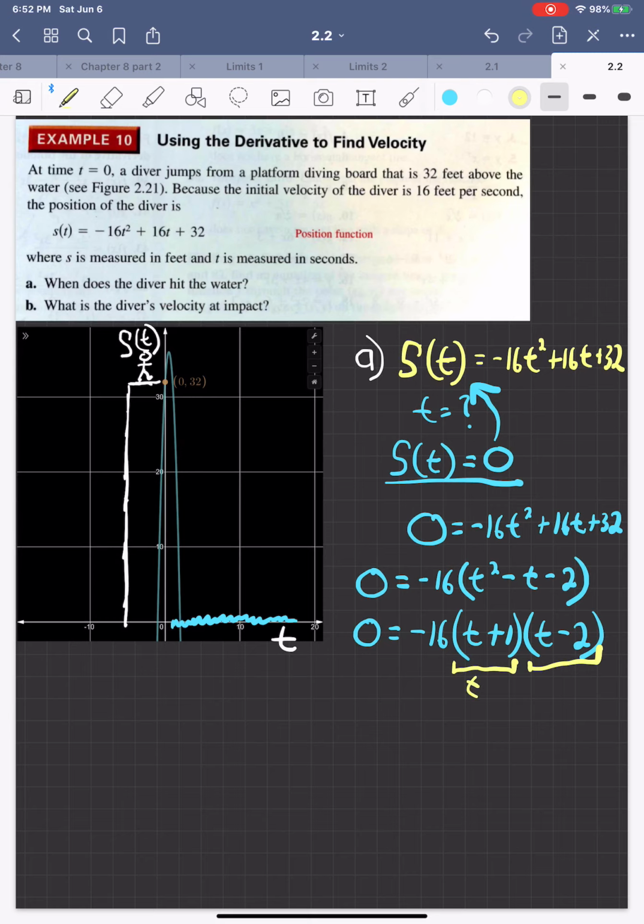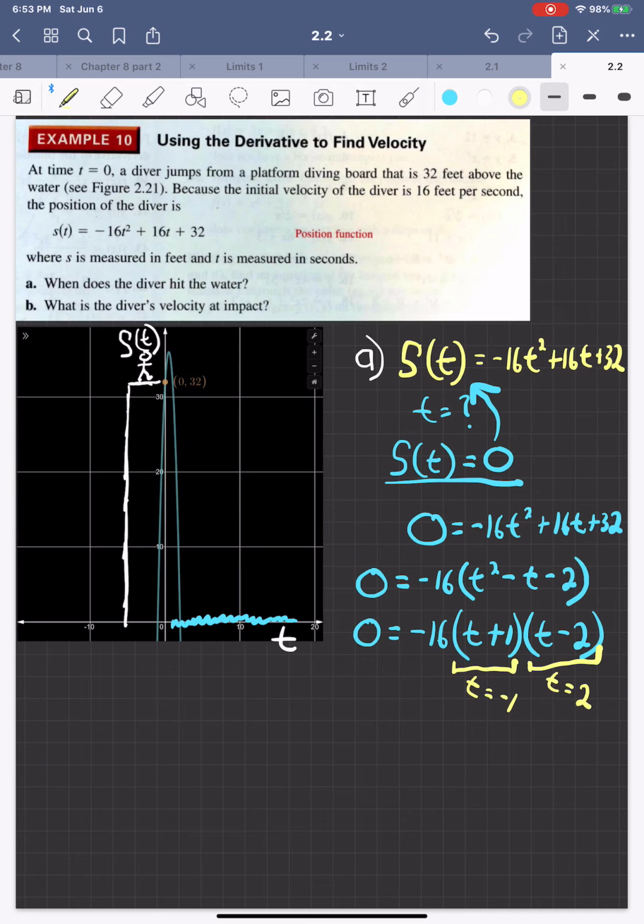So do you agree with me that if you let t equal -1, then the whole thing becomes 0? Or if you let t equal 2, the whole thing becomes 0. So mathematically there are two solutions. Only one of them has any meaning to our application, right?